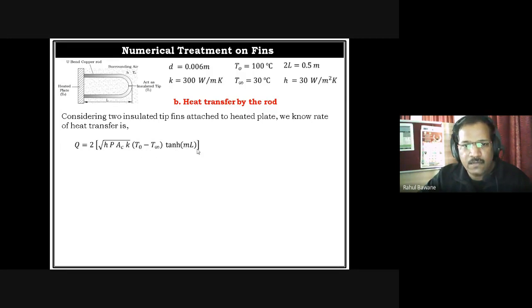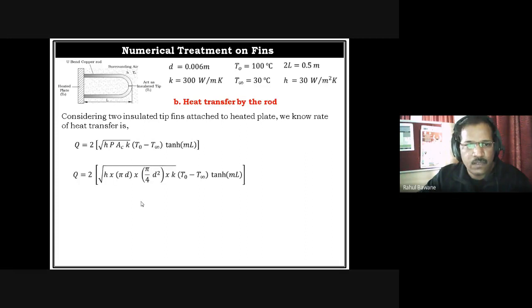This bracket is nothing but Q actual for an insulated tip. But whatever formula is derived, it is for one fin, and here we have two fins, bottom and top, so we multiply by 2. So the heat transfer rate is twice this.